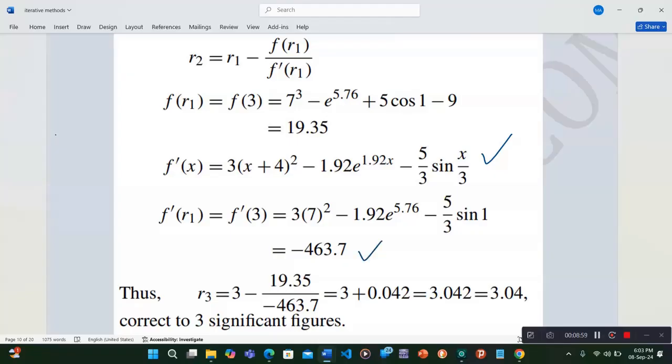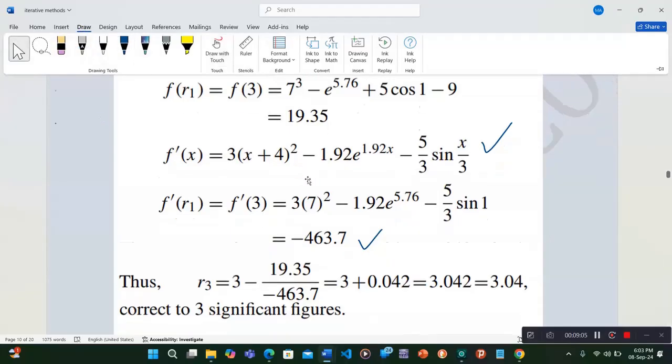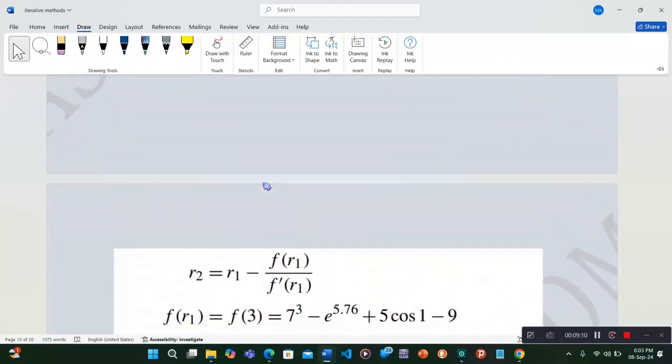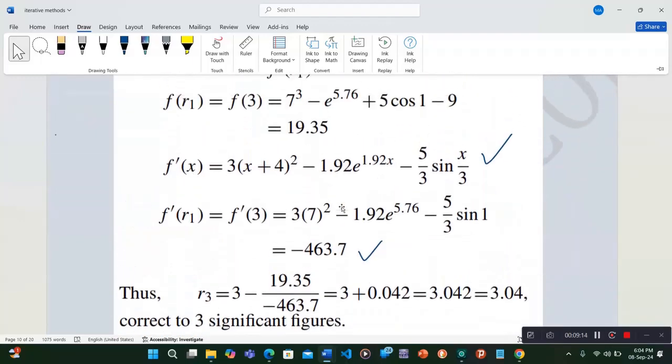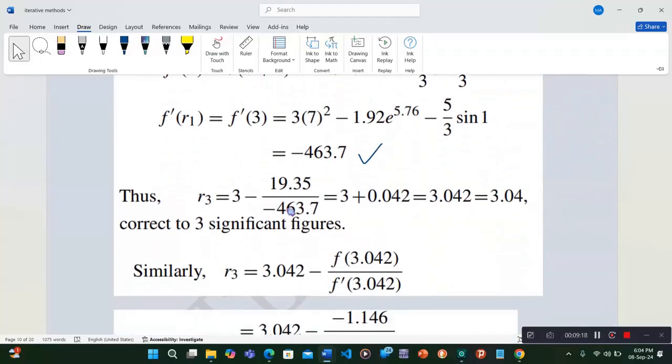When we substitute in the equation for Newton-Raphson, first of all, we have to get our R2, and then get our R3. So I will say the first approximation was 3, then our R2 is going to be 3.04.